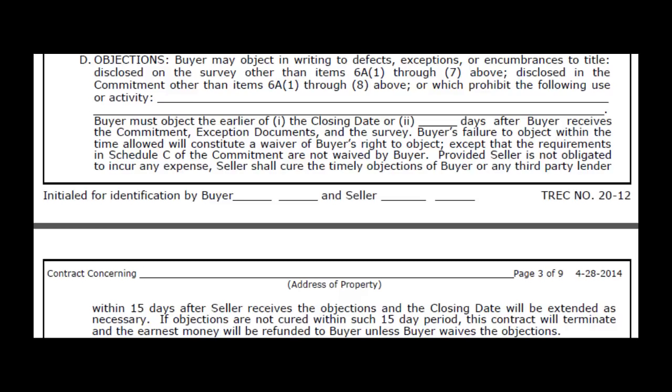This is one area where I strategically leave a blank empty, and it's for this little timeline here. It says that the buyer must object by the earlier of the closing date or blank days after the buyer receives the commitment. Well, if I'm representing the buyer, I don't want to put any additional constraints on my client, just acting in their best interest.